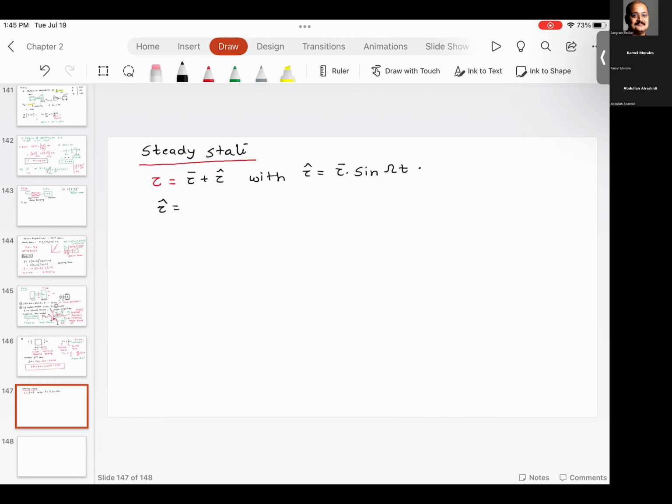Tau will be 0, fluctuations in omega will be 0, and the rate of change of omega, which is d omega by dt, is going to be 0.